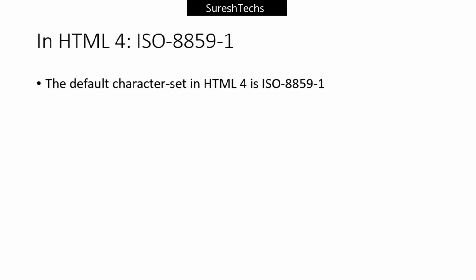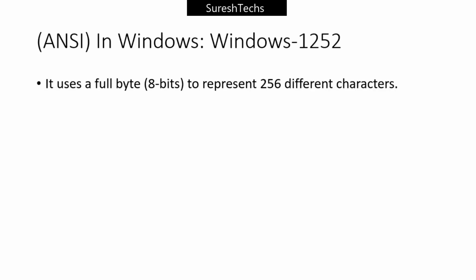After this, there is one more character set developed for the Windows operating system, known as ANSI, which stands for American National Standards Institute. Here ANSI is identical to ISO 8859-1, except that ANSI has 32 extra characters added.